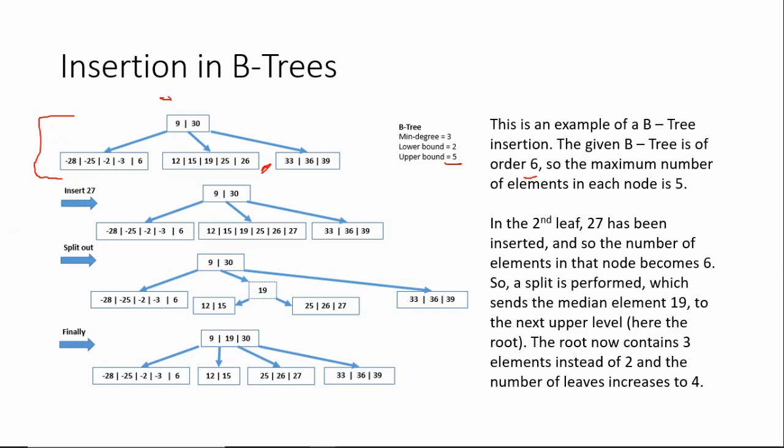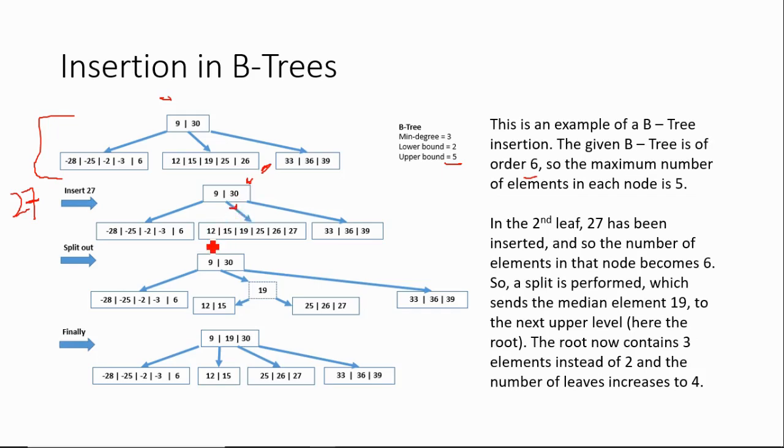Now they want to insert this particular key, 27, and they first compare it with the elements. When we compare in the root node, we see that 9 is lesser than 27 but 30 is greater than 27, so we follow this particular subtree only.